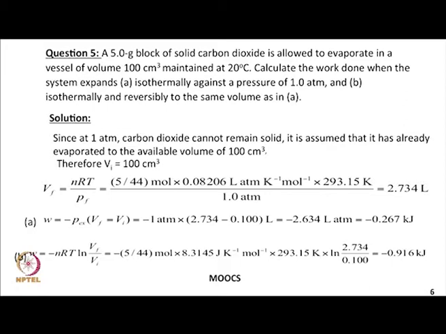And once again you see the work obtainable from the system is minus 916 joules under reversible condition, which is higher than the work obtained from the system, that is 267 joule when it is operating under irreversible conditions, or when it is expanding under irreversible conditions against a constant external pressure.